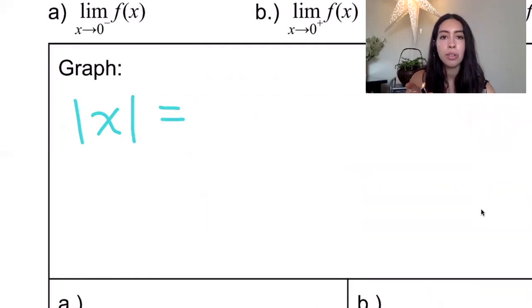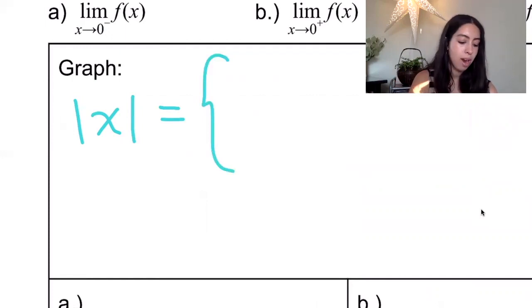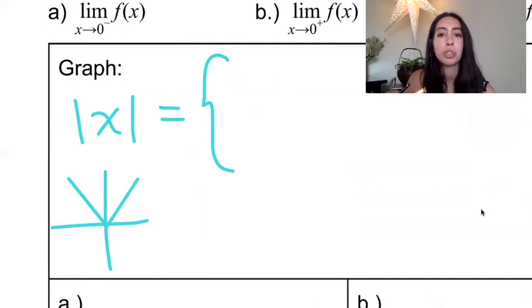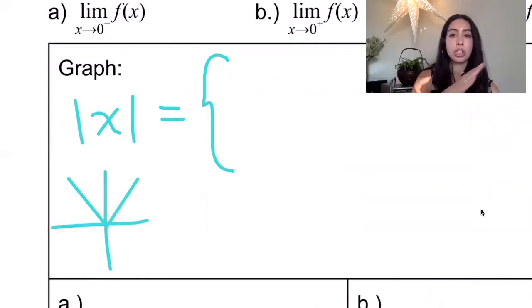So the absolute value of x is actually a piecewise function. Because if you graph it out, this is what the graph of the absolute value function looks like. And it's really just a combination of two lines.